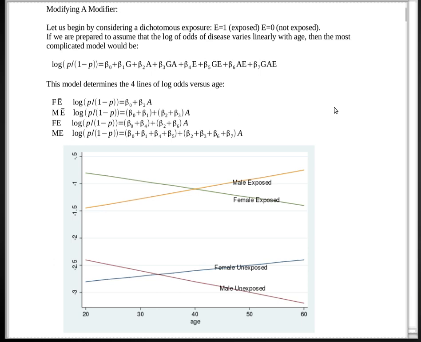The fact that we need to say how there is age modification. And we can see that its form is one of rising odds ratios for the men, rising with age, but declining odds ratios for the women.